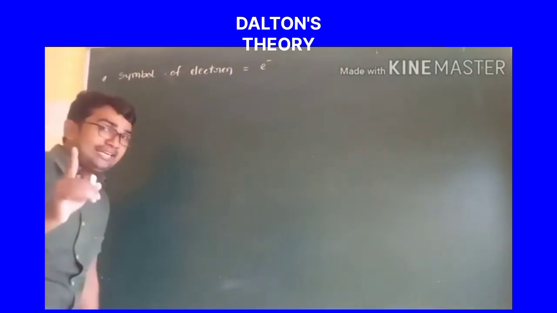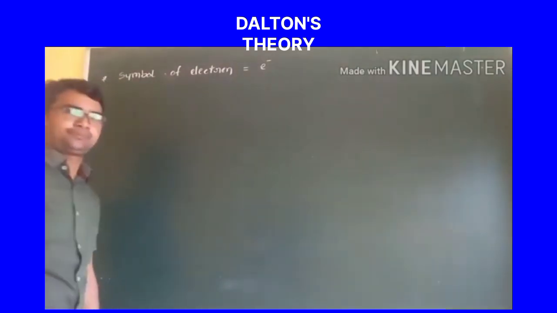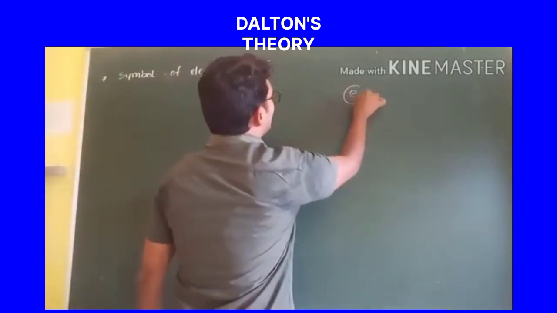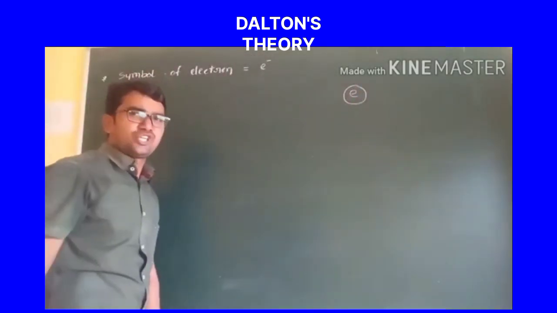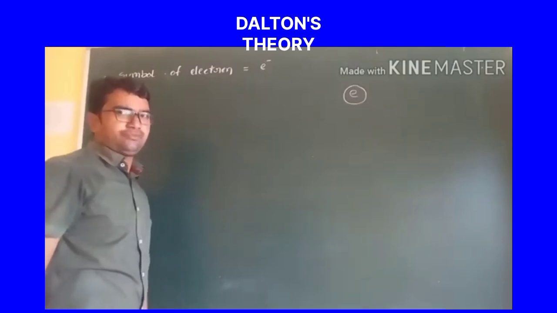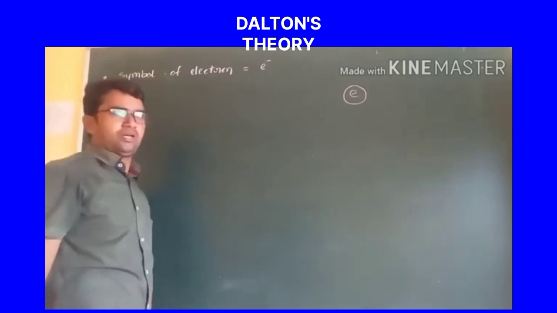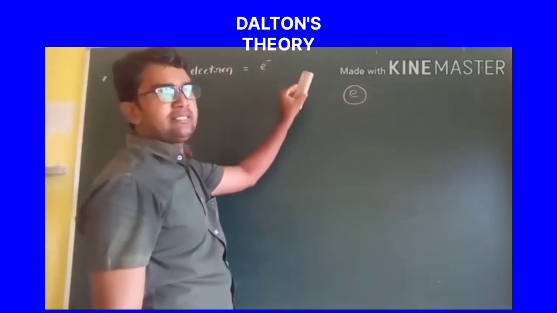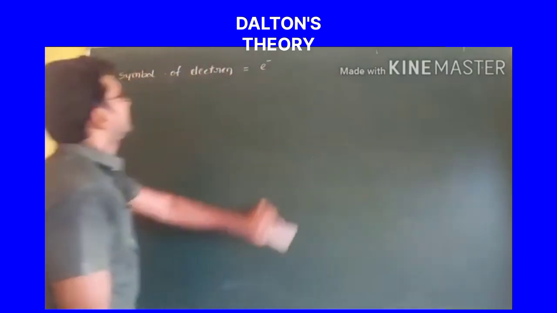Remember this point, e minus, not e. e indicates the charge of the electron or the charge of the proton, right? It indicates charge. But e minus means electron.